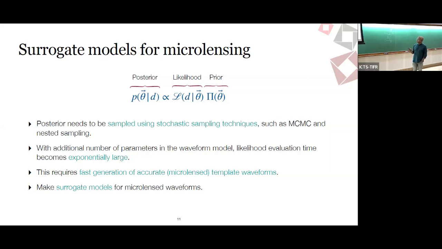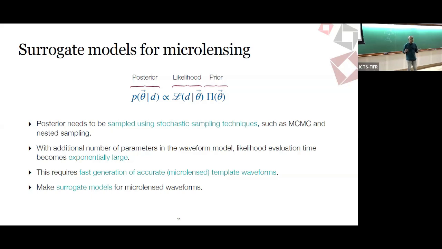The problem with the previous analysis is that we have not done a full Bayesian parameter estimation. We have made an approximation. In order to do a full Bayesian parameter estimation, you need to sample the posterior through stochastic sampling techniques, such as Monte Carlo, Markov chain Monte Carlo, or nested sampling. In order to do this, you need to evaluate the likelihood at different points, and evaluating my microlensed waveforms takes some time.